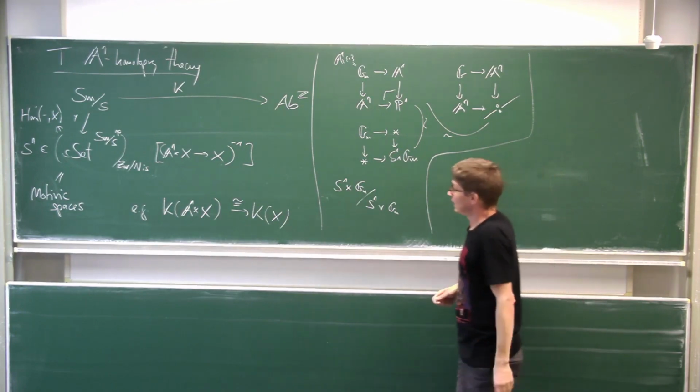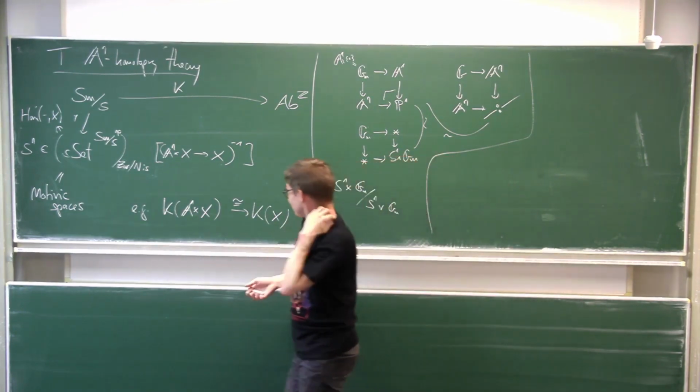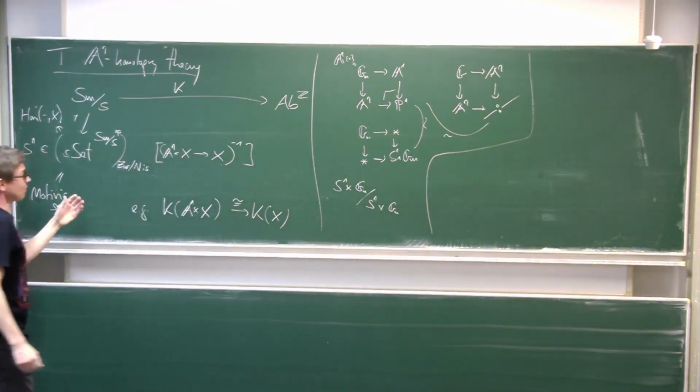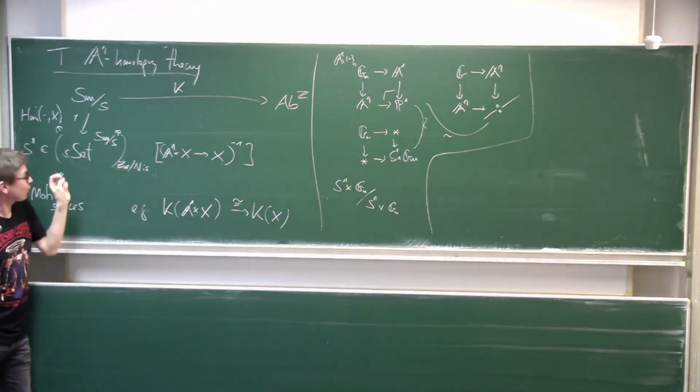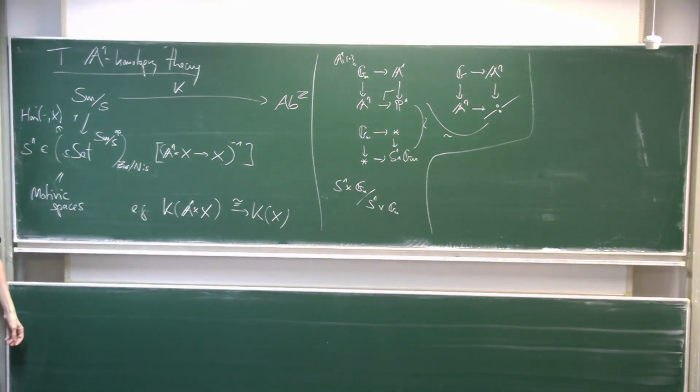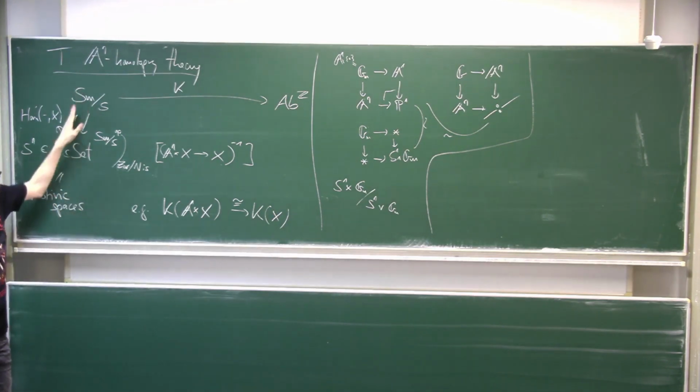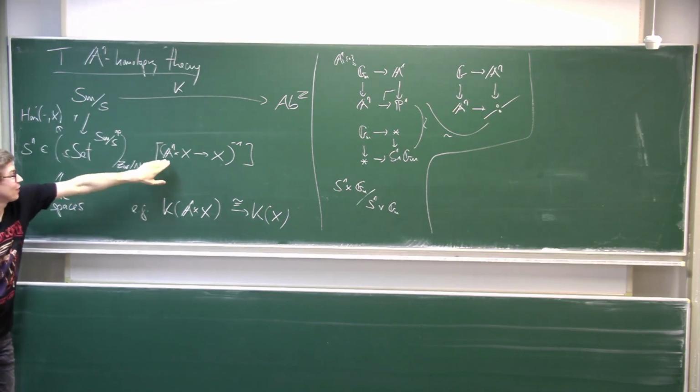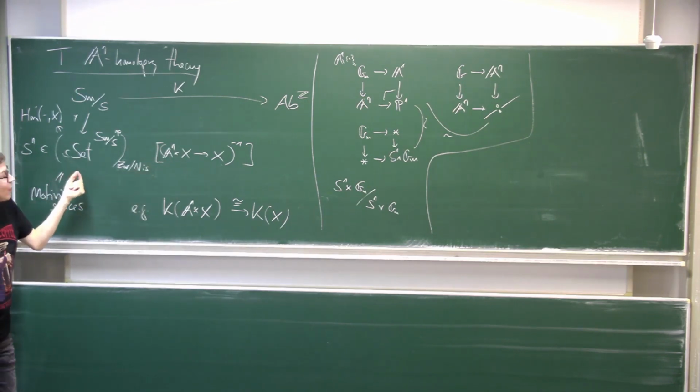So what you would do to calculate this hybrid replacement in the model category is to produce some horrible explicit functors. And sometimes you're lucky and you don't have to replace your object, your scheme, for example, because it's already fibrant. So what does fibrant mean?